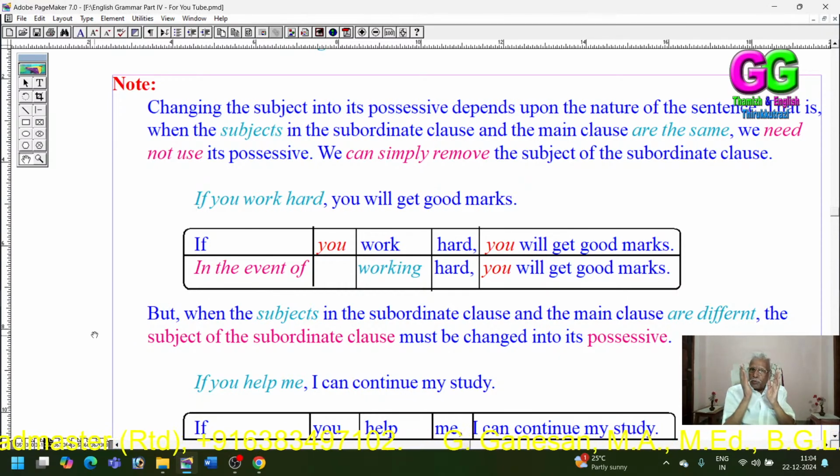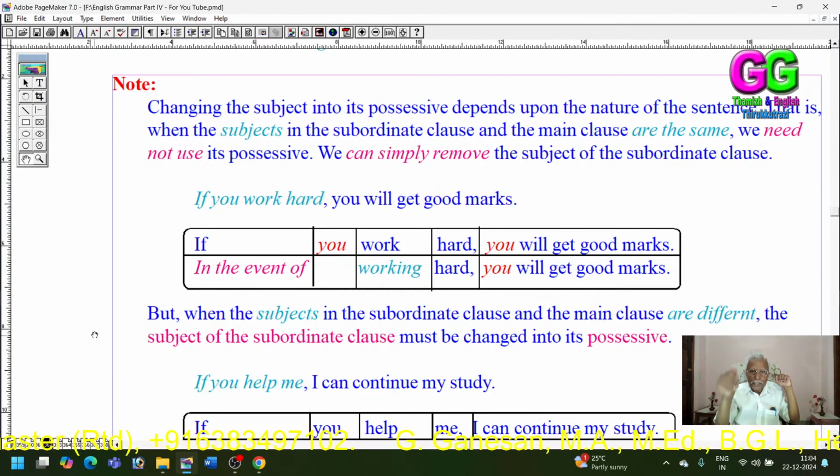When the subject of the subordinate clause and the main clause are the same, the subject of the subordinate clause need not be changed into its possessive. It can simply be dropped.